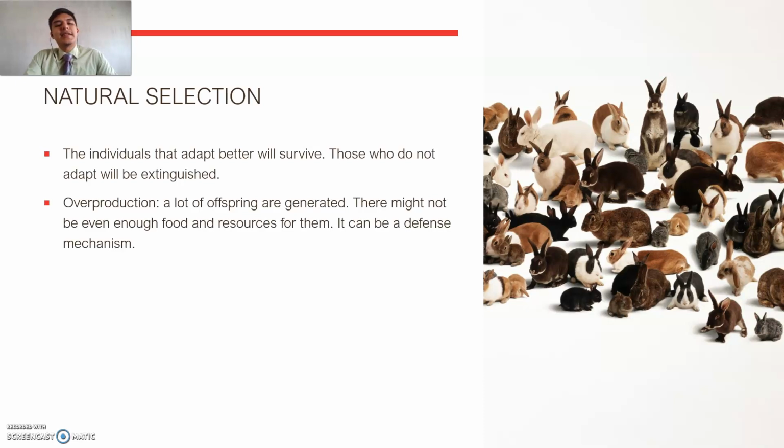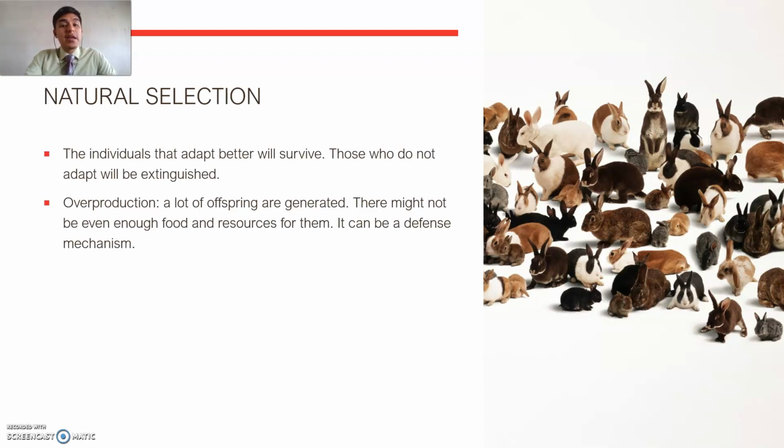Because what happens is that rabbits have a lot of natural predators. So if they only produce one or two babies, what's going to happen is that the species will be extinguished because the predators will eat them easily. So rabbits have a greater chance of survival when they have a lot of offspring, because probably a couple of them died during the process of growing up before reaching the mature age to start reproducing.